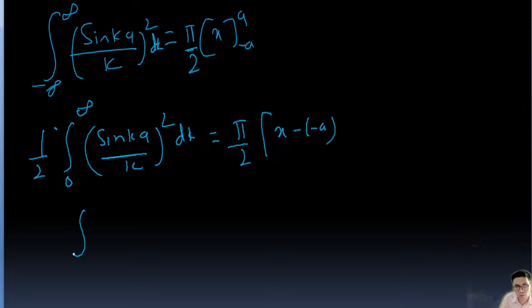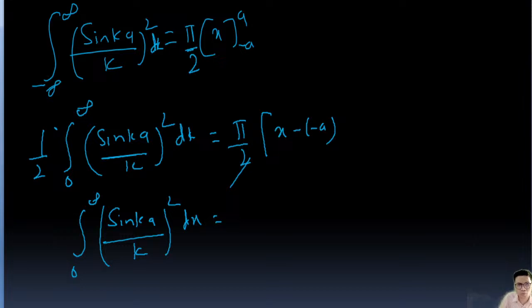So this value is going to be integration 0 to infinity of sine ka upon k whole square, and the 2 will get cancelled, right? So we'll break the limit.